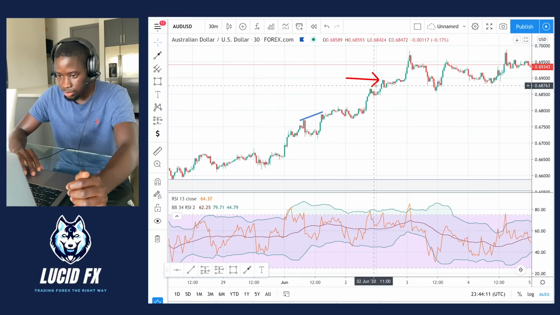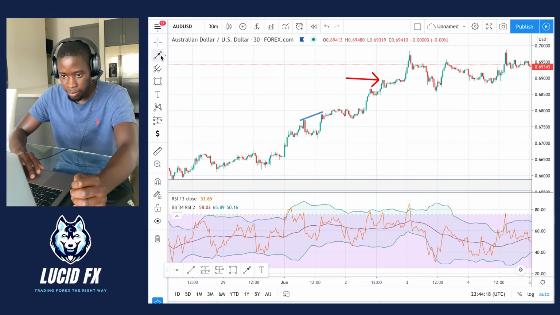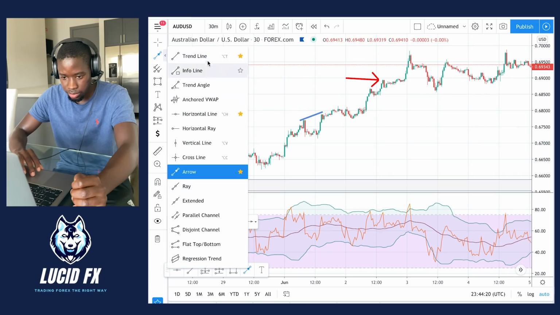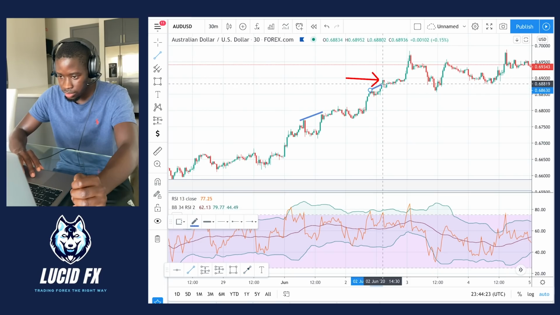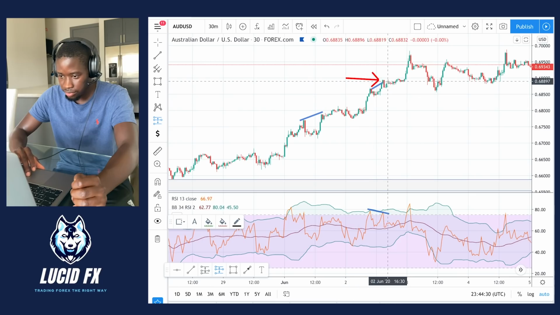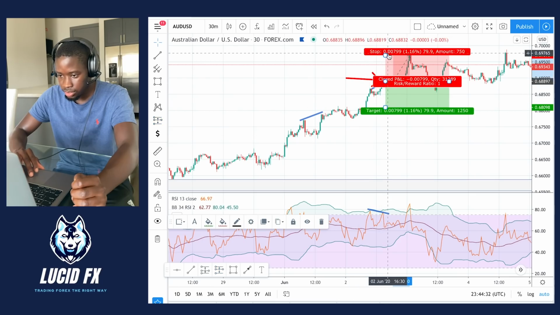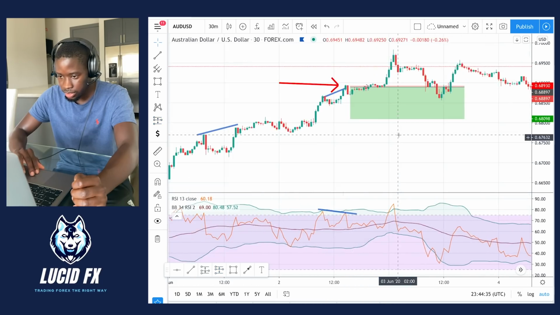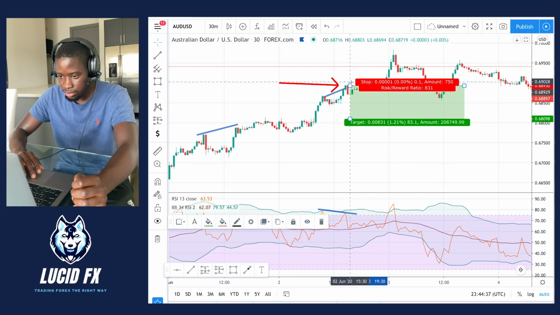As you can see, you have a higher high here and you have a lower high right here. Let me get the trend line tool, connecting these two peaks. So I entered in short. Price went into profit, but let me mark it up real quick, make it all nice and clear.